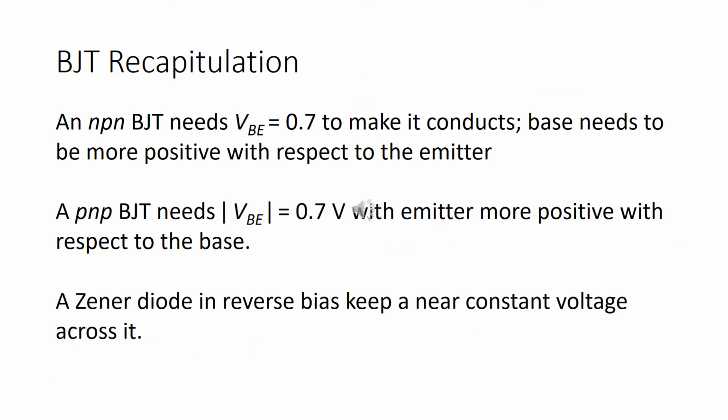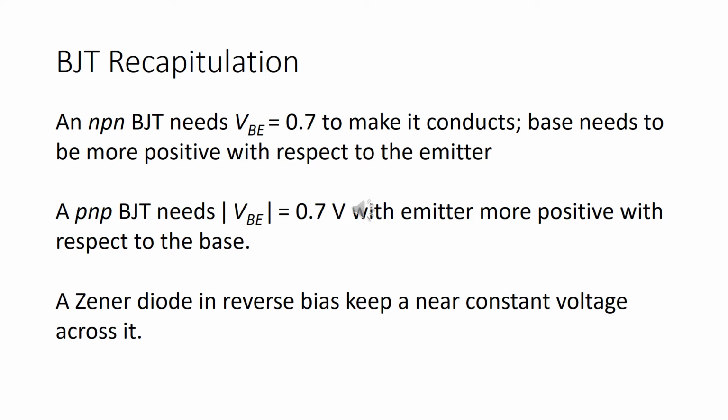Before getting into the circuit diagram of a BJT series voltage regulator, we need to recap what we learned in the BJT at DC. An NPN BJT needs VBE equal to 0.7 to make it conduct, with the base more positive with respect to the emitter.